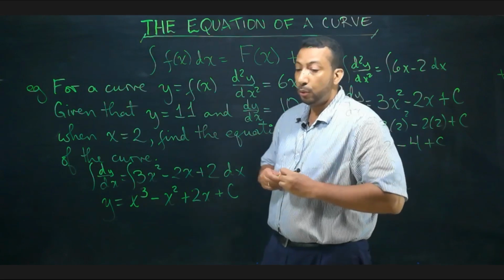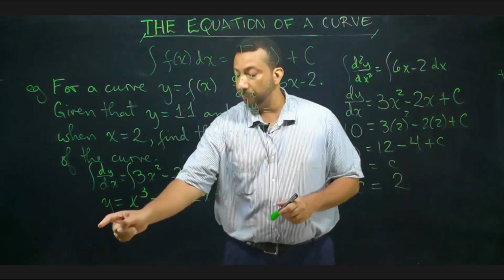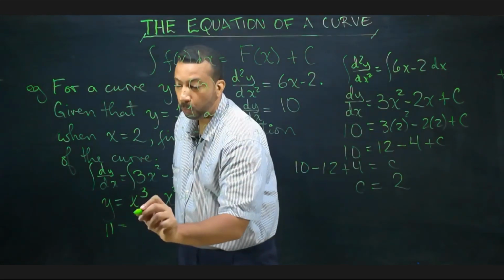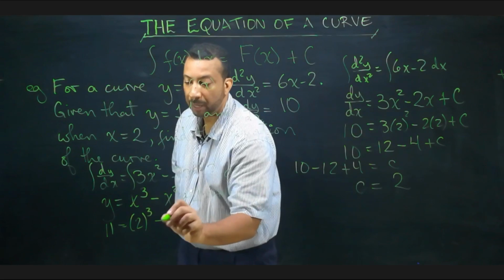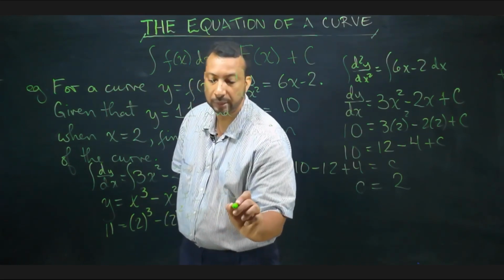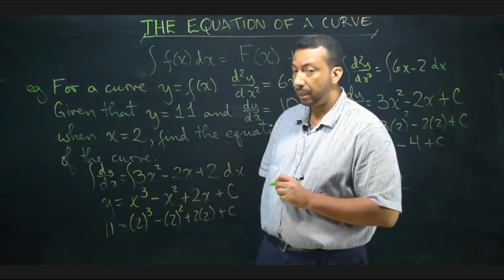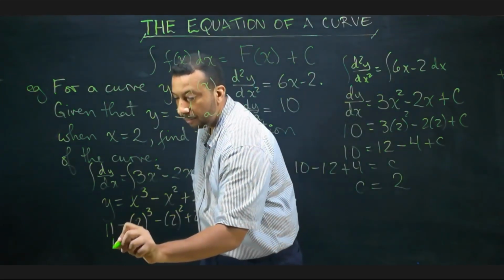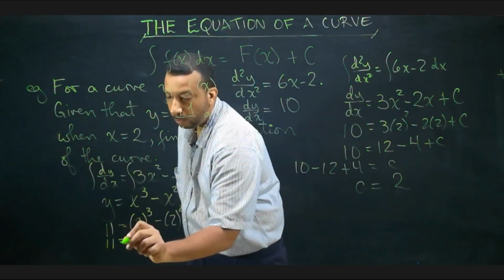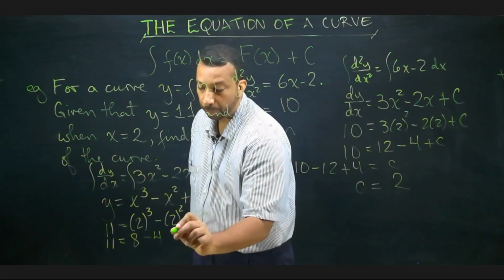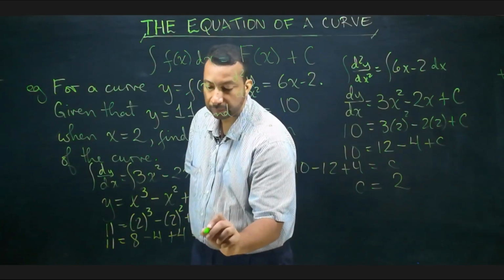Alright? So we know that y is 11 when x is equal to 2. So that's 2 cubed minus 2 squared plus 2 times 2 plus c. When we work this out, we'll have 11 is equal to 8 minus 4 plus 4 plus c.